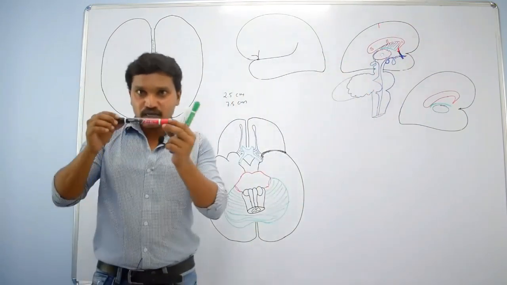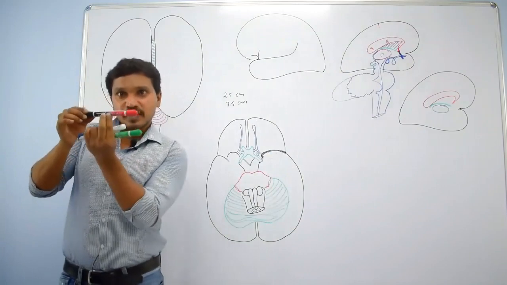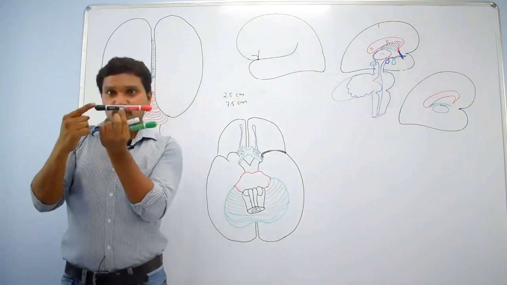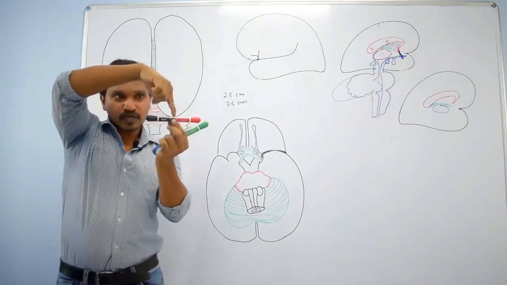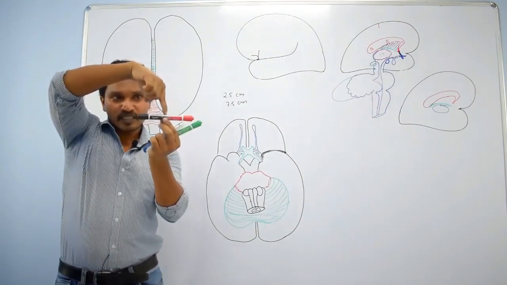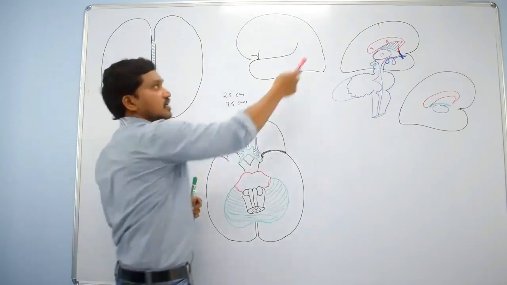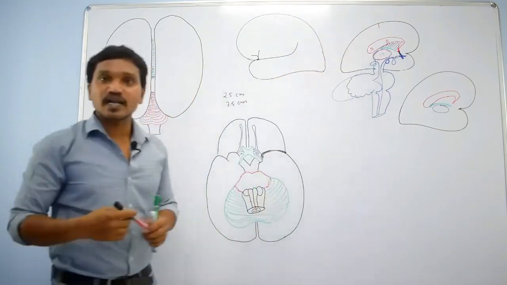Just imagine this is the anterior pole and this is the posterior pole. This is exactly the middle. If you make a line just behind the middle, that sulcus is what we call the central sulcus.